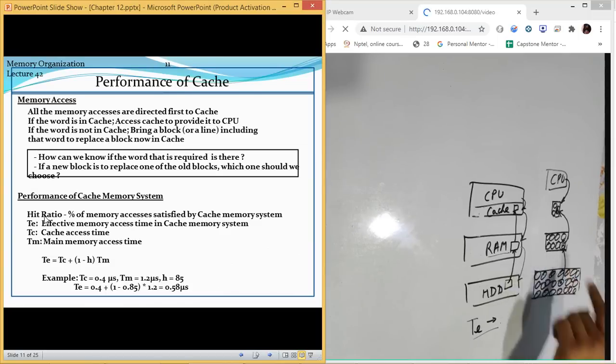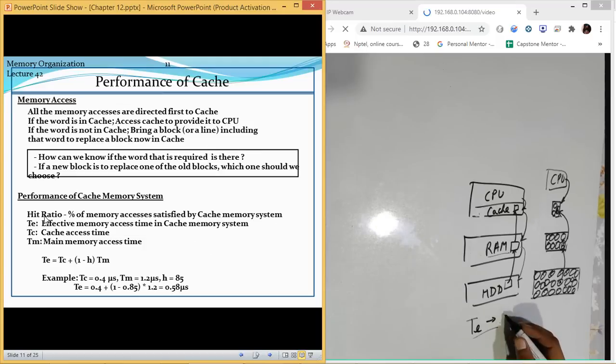Okay. Now TE is what we are going to calculate. So TE is the total effective time to access the cache, and there are different methods to access it. Now let us talk about the TE formula. TE is the total effective time, which is equal to Tc plus (1 minus H) times Tm.